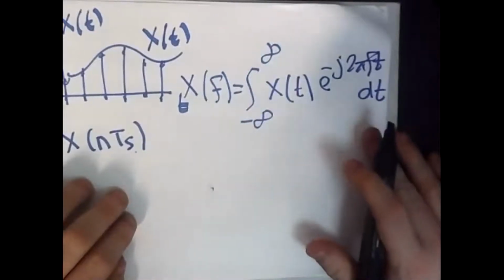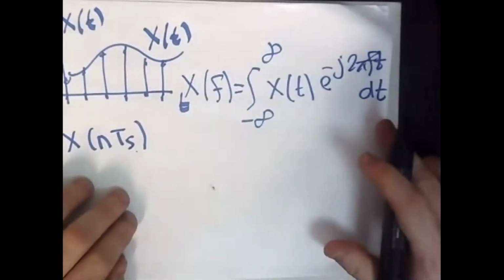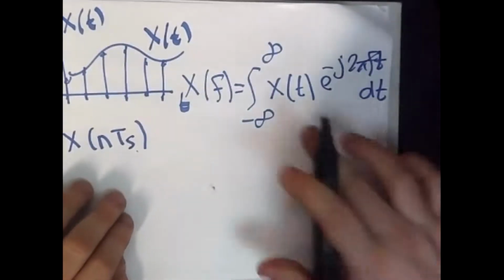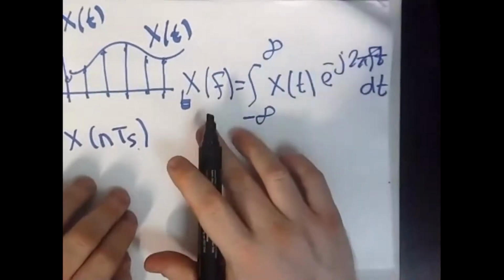This is simply what's called the Fourier transform. It's an integration with respect to time. That's why t here is what's called a dummy variable. So what you will get from this integration is something in terms of frequency.